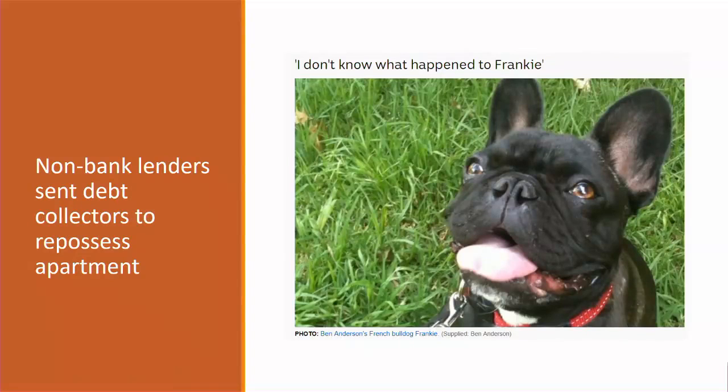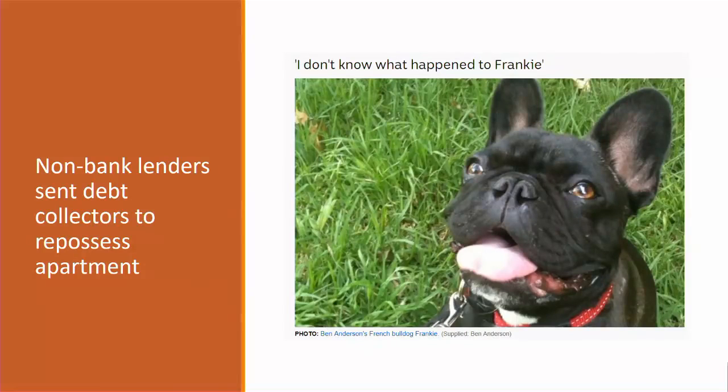And there's one particular story that I picked up that was totally heartbreaking, about Mr. Anderson. He took a loan, and the non-bank lender was very, very quick to call it in, and then to try to retrieve property from his apartment, and then in the second run to actually evict him from his apartment.